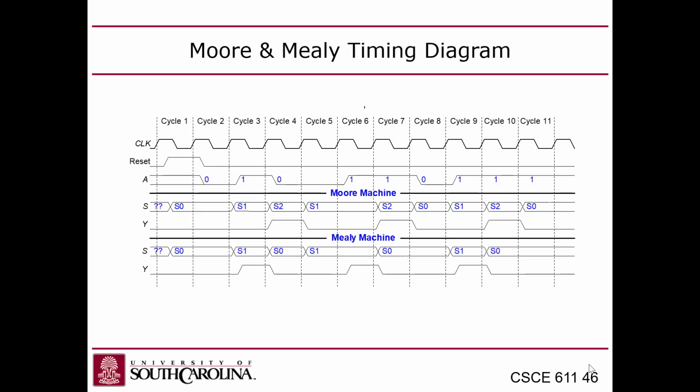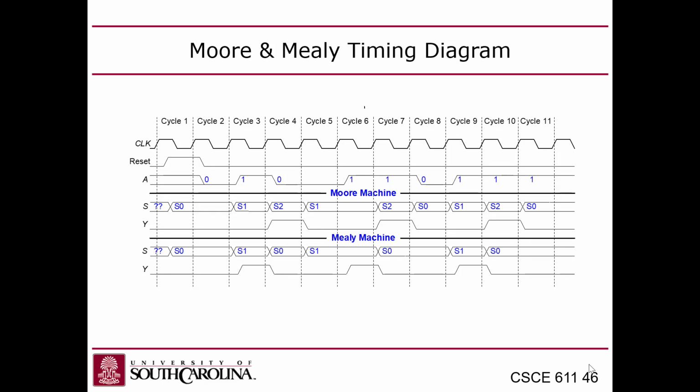But notice that in the Moore machine, the difference is that the Y, which is the smile signal, goes high in the cycle after 0, 1. You guys see that? Why? Because it's not going to smile until the cycle after it sees the 1 in the 0, 1 sequence, right? Because it's going to go through S0, S1, and then S2.